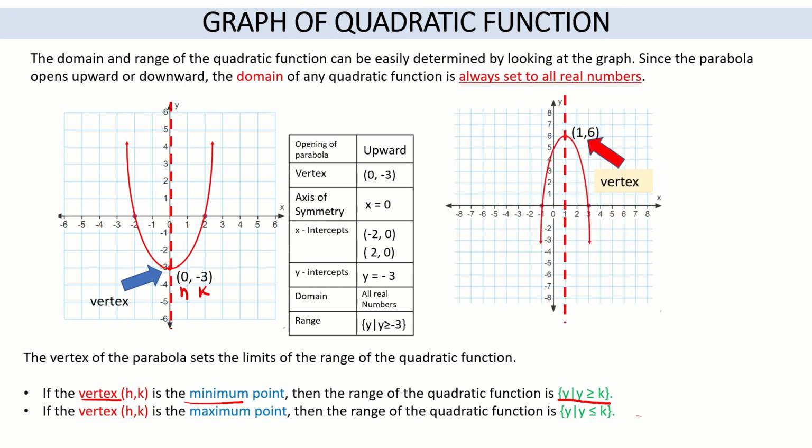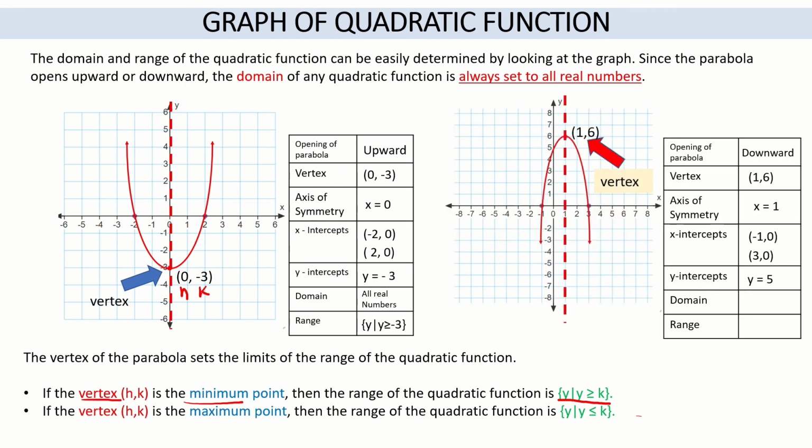Next is example number 2. The domain here is again all real numbers because if we plug in all the values of x in our quadratic function, it is still a real number. To get the range, notice that the vertex is at the maximum point, which is located here, since we know that the parabola opens downward.